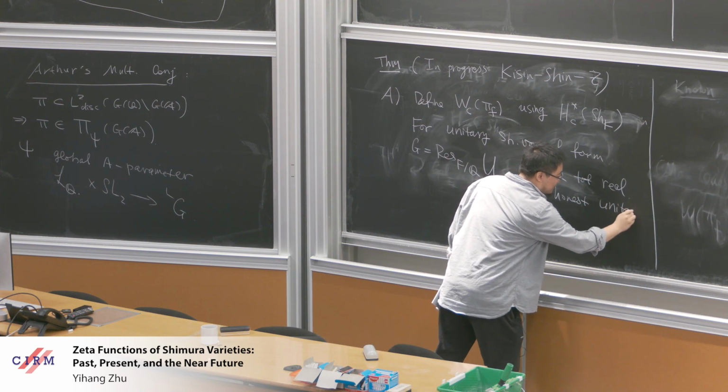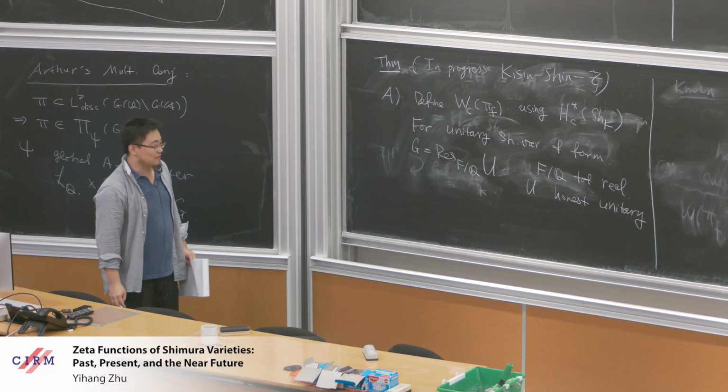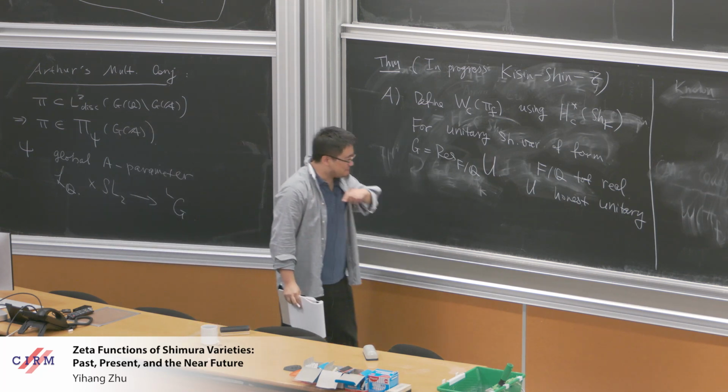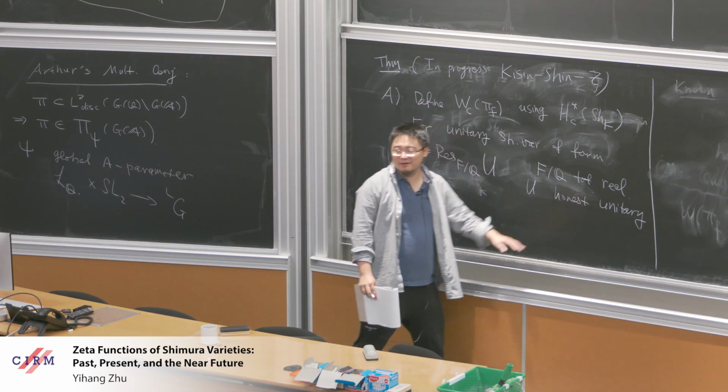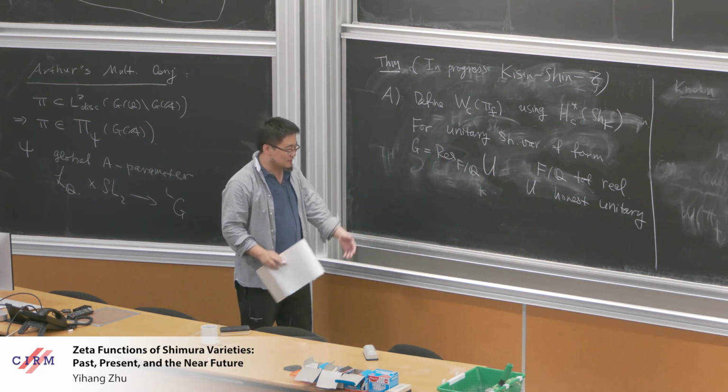If you don't know what that means, it probably means you already know what I mean. If you don't know what I mean by honest unitary group, then the notion of unitary group you have in mind is what I want to present.